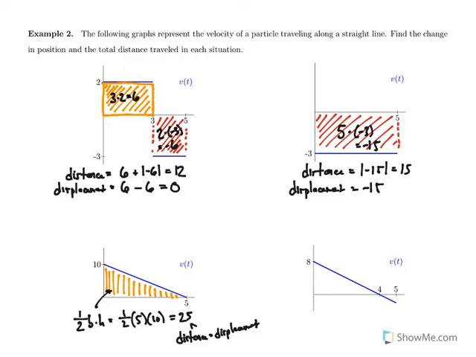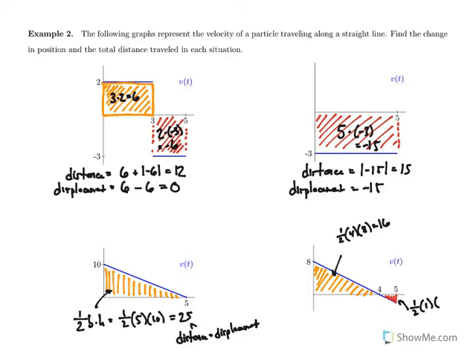And then lastly, we have this triangle that kind of goes above and below the x-axis. We have this positive triangle and this negative triangle. The positive triangle has an area of 1/2 base 4 times height 8. That's going to be 16. And this guy has a 1/2 base 1 times height.